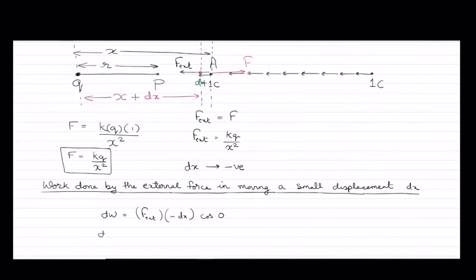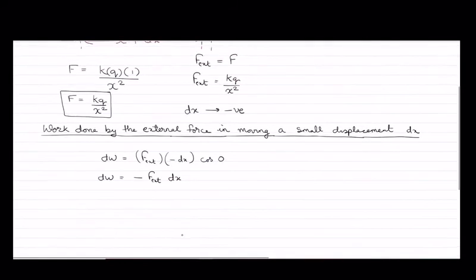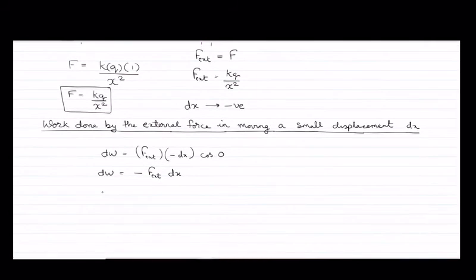So dW is equal to minus F external into dx. Now F external I can write as kQ by x square, so dW equals minus kQ by x square into dx. Cos 0 will be 1.